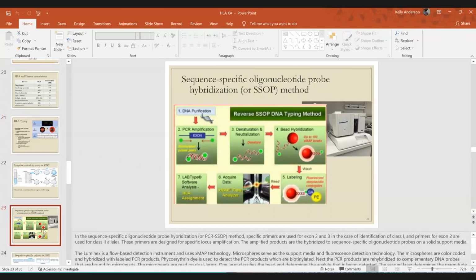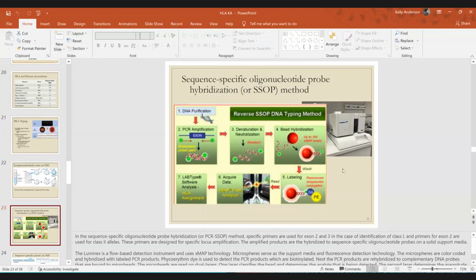So we'll start with SSO, which is sequence-specific oligonucleotide probe hybridization. So the Luminex, if you're not familiar, it's a really neat little instrument. It is technically a flow cytometer, but you can get these beads from Luminex and you can basically bind whatever you want to look for on them.